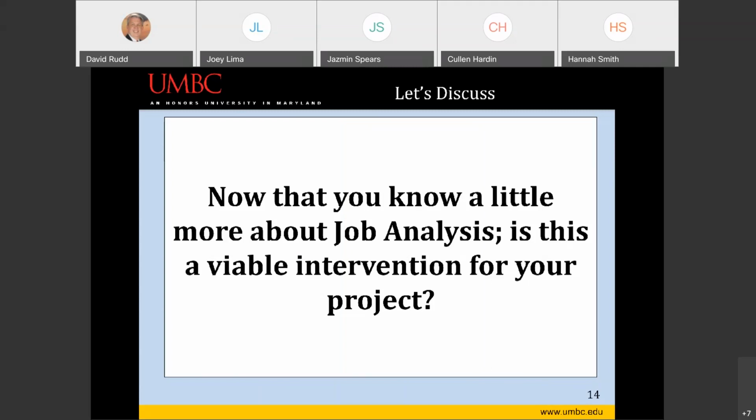Think about your project, and now that you know a little bit more about job analysis and why you would use it and when you would potentially recommend it, could this be a viable intervention for your project? And I think in some of your cases, yes, it would be. Does anyone else want to ask a question or have a little insight on what you think about job analysis in your project?